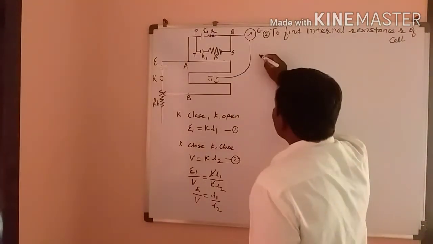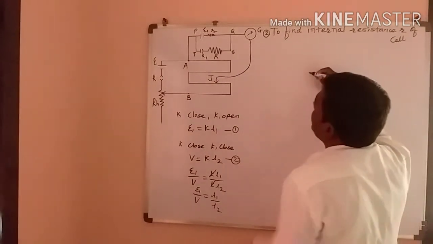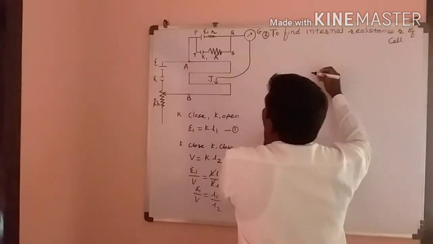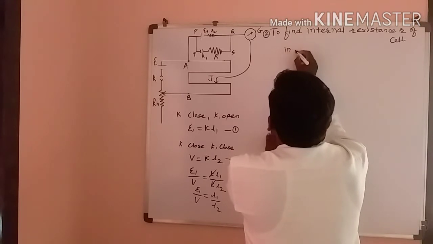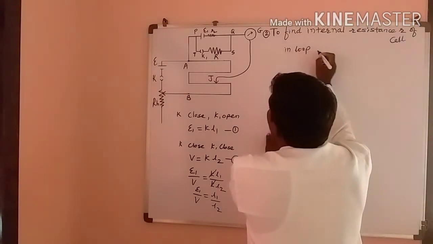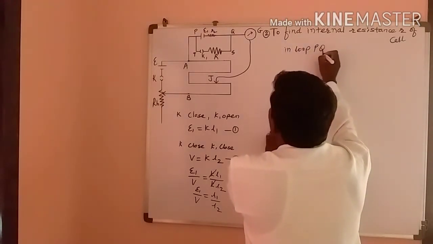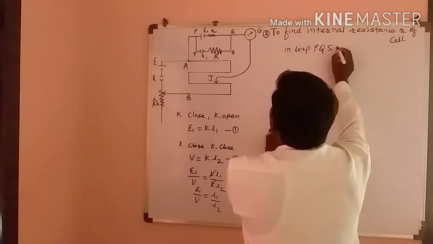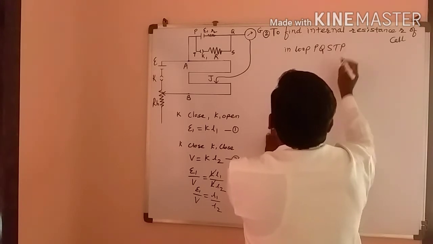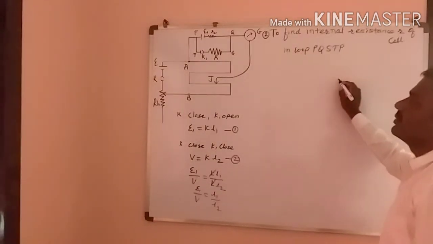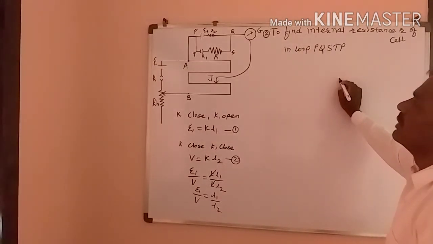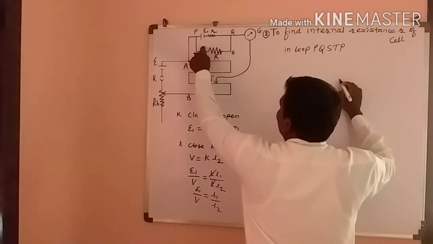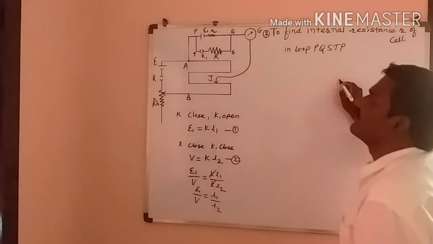If we concentrate on the closed loop PQSTP, applying Kirchhoff's voltage law, this is the tracking direction, which is opposite to that of the conventional current.